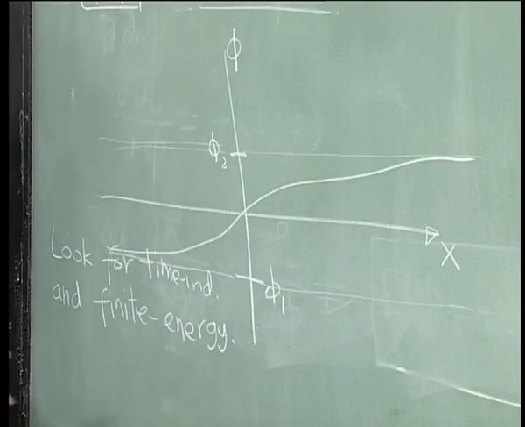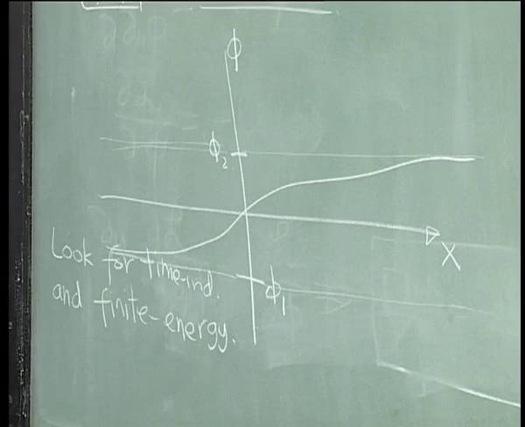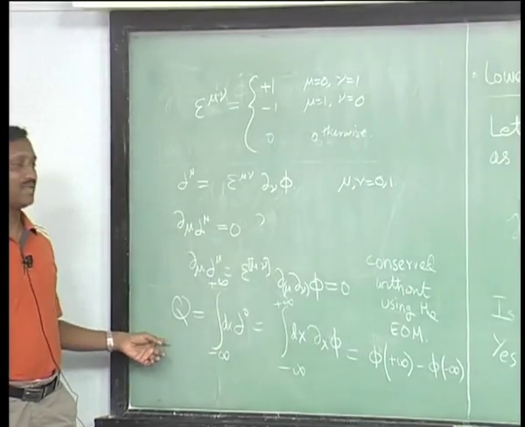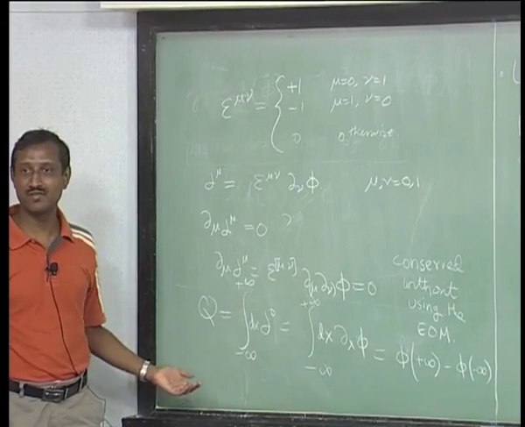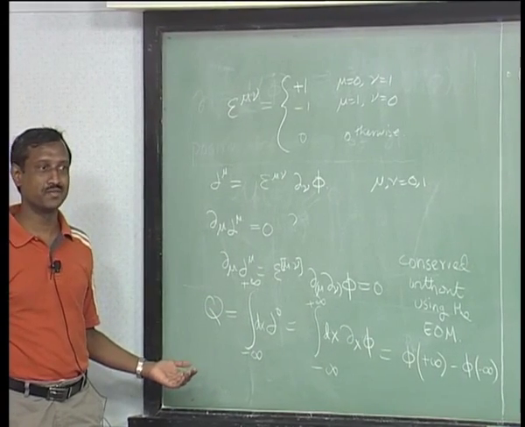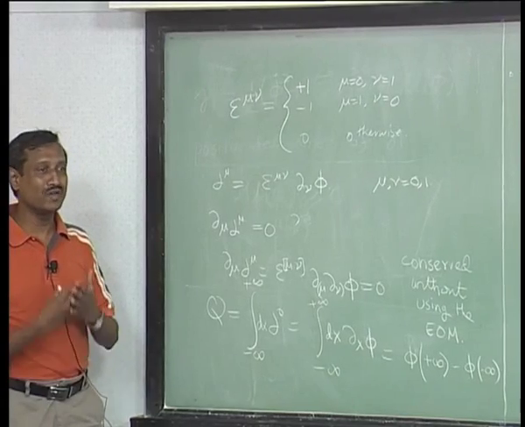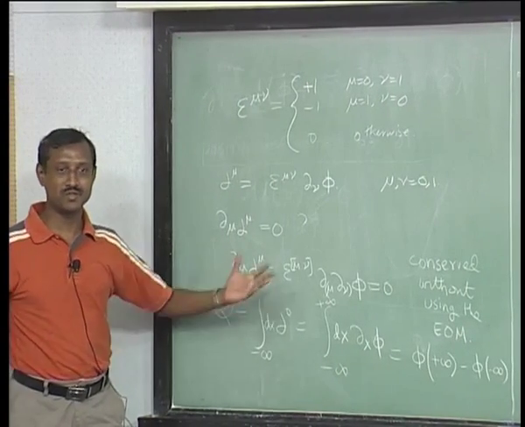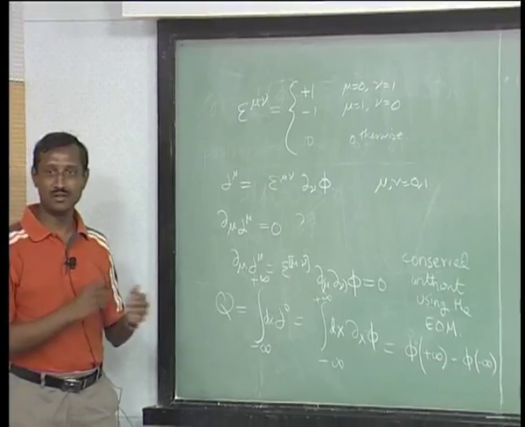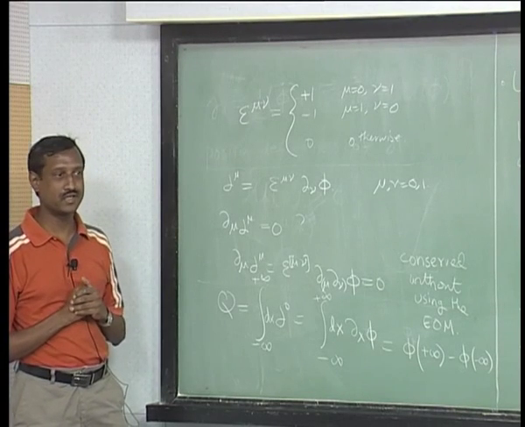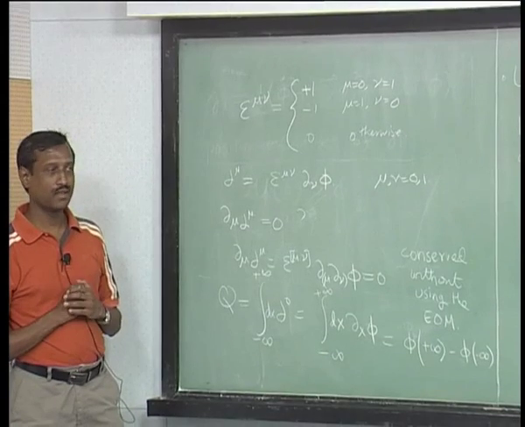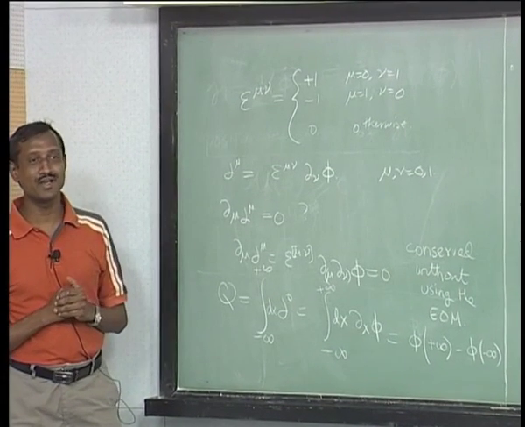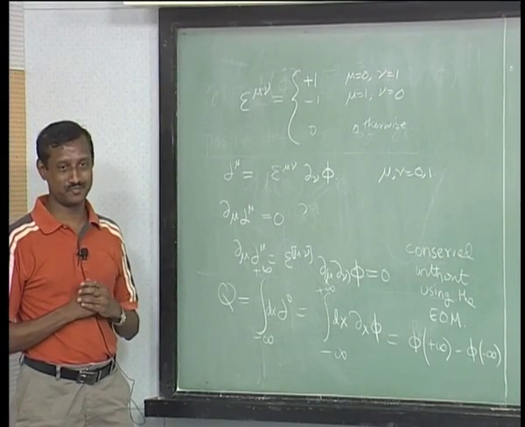All I am saying, it is actually not a great statement, is that there exists a solution in this class with q equal to phi 2 minus phi 1 with finite energy. Even though we do not know the explicit answer, because it might be a difficult differential equation to solve, we know that such a solution can exist. But there are special potentials for which there exists a solution.